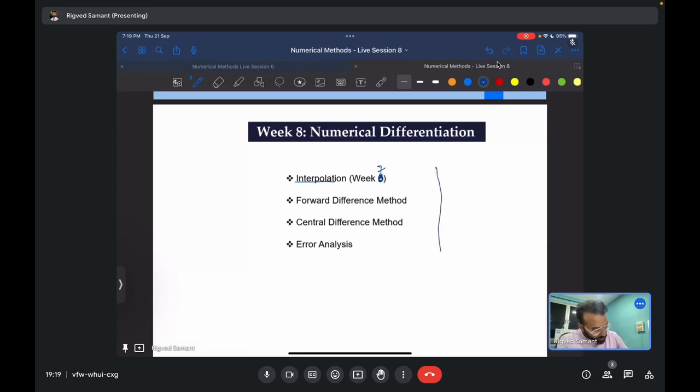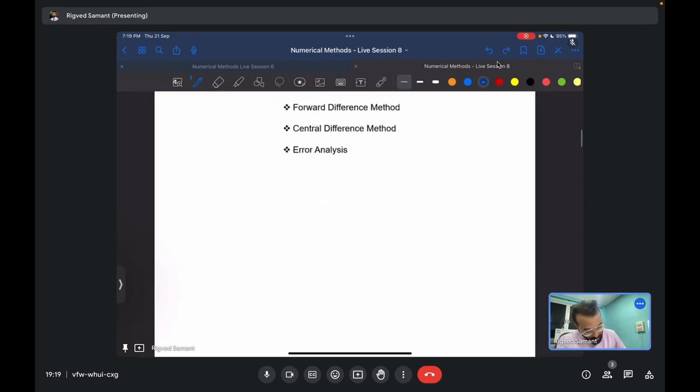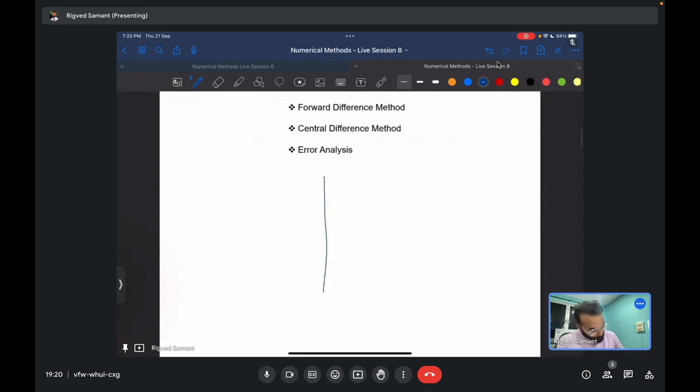So if you have a function like this, and you are interested in the point here and want to know the numerical derivative, you will take a slope of it, and with the help of slope, we use a Taylor series approximation.